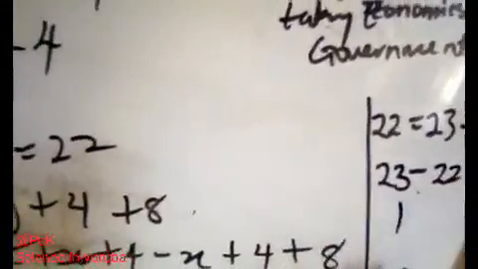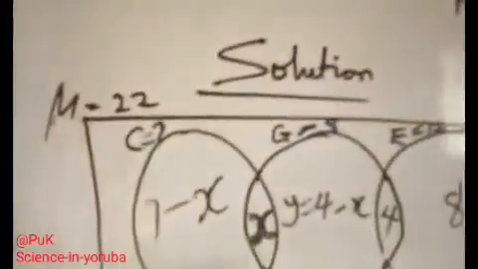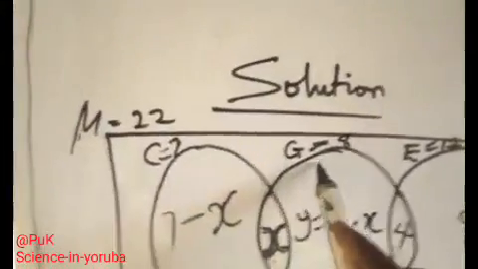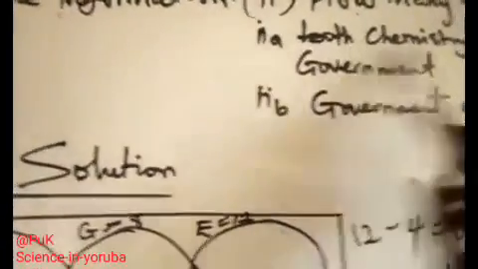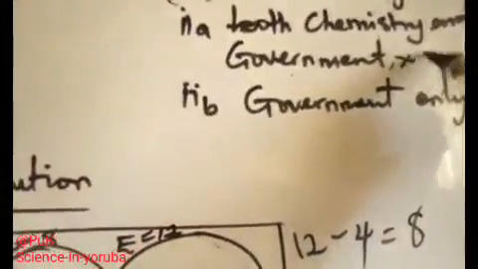So we have 1 equal to x. That means x is the number of students taking both chemistry and government. How many students take both chemistry and government? x equals 1. One student takes both.